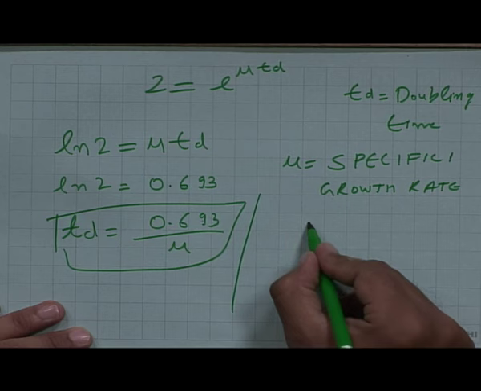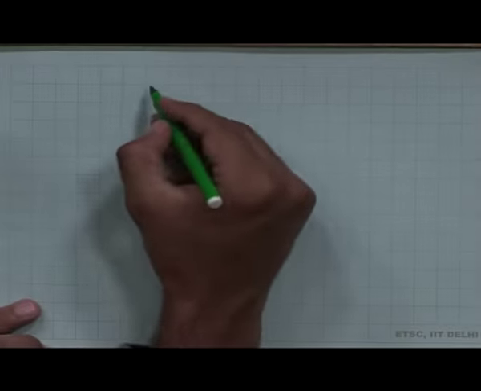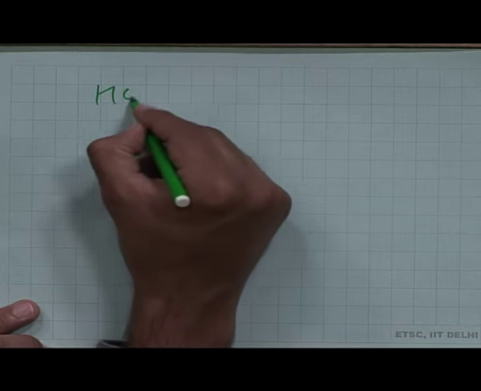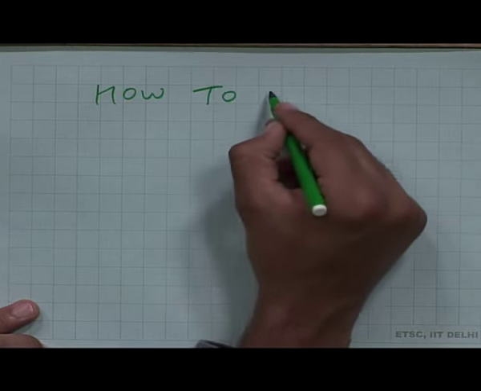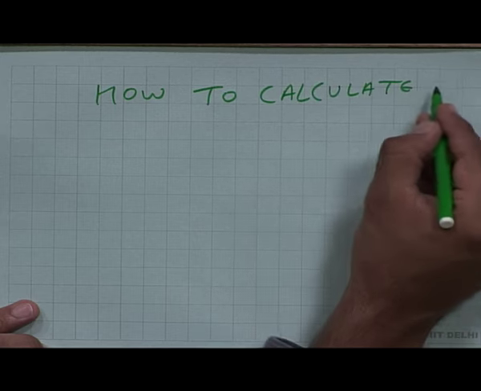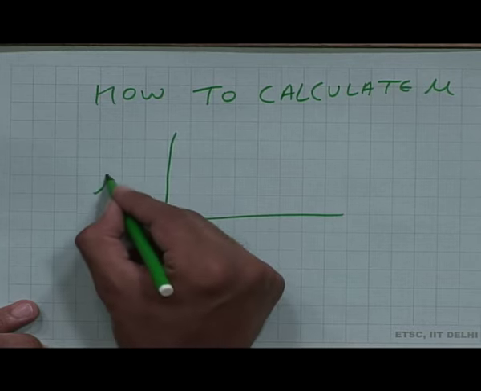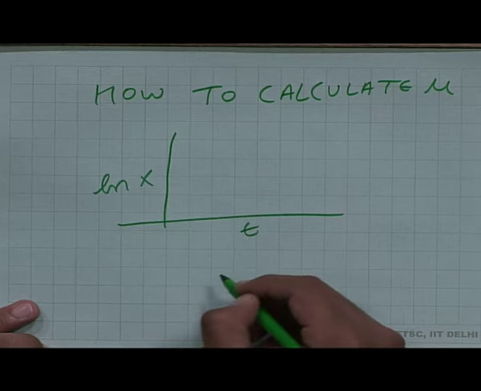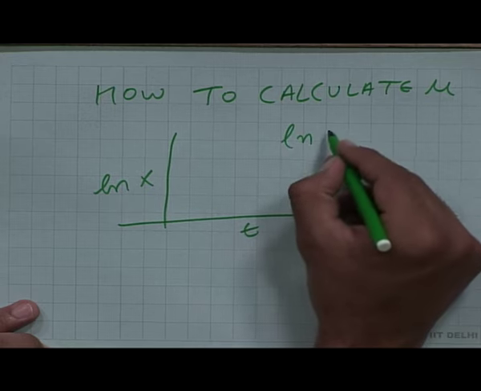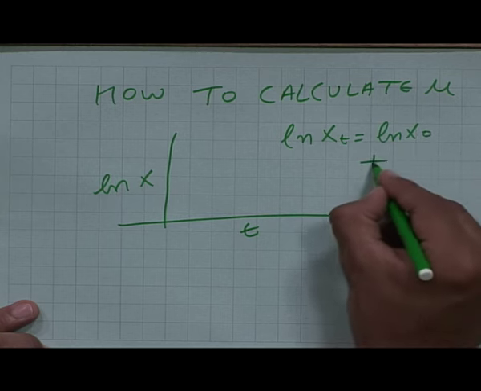How can I calculate mu? I have already shown you. You can plot ln x and time, because you have an equation ln x t is equal to ln x 0 plus mu t.